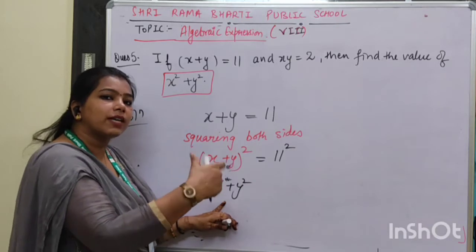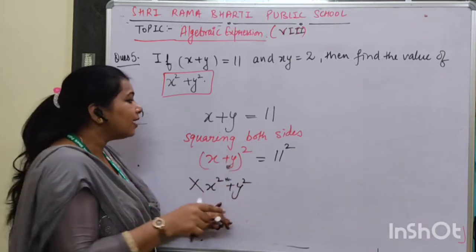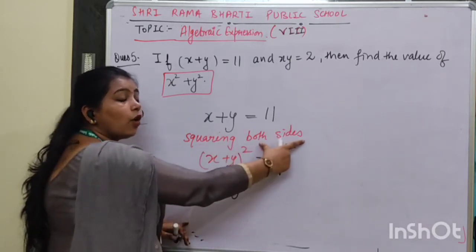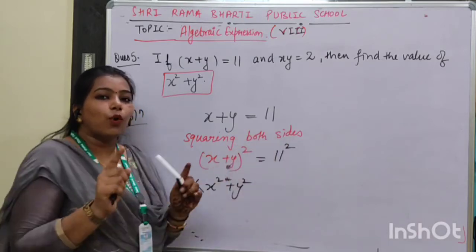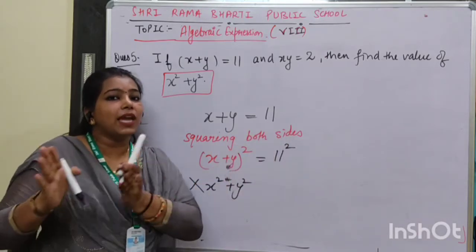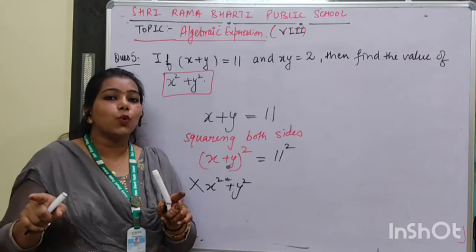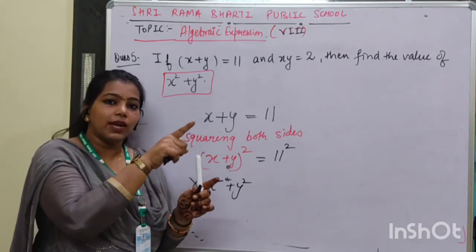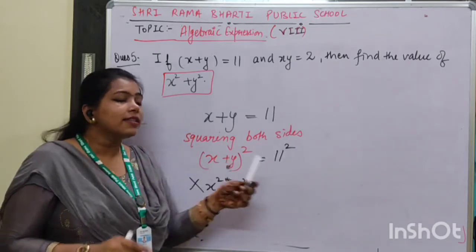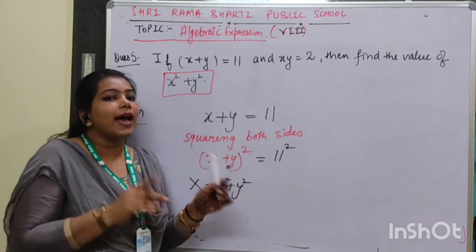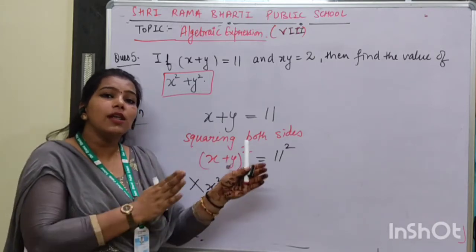When we are squaring both sides, whatever is at the LHS will be squared as a whole, and what is at the RHS also will be squared as a whole.